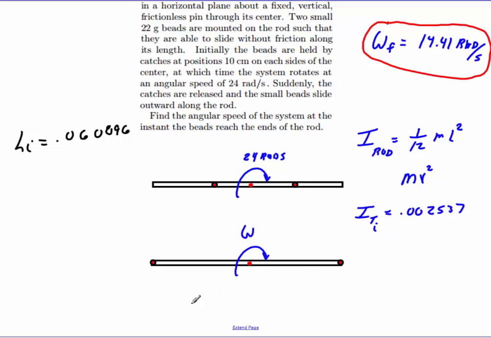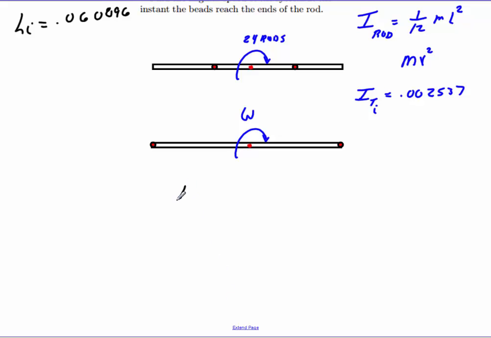Okay, so all you're going to do to do that, the initial angular momentum is going to be I times omega, right? So we put in 0.002537 times the 24 radians per second. Does that make sense there? And that should give you, I think, a value like that, does it not?